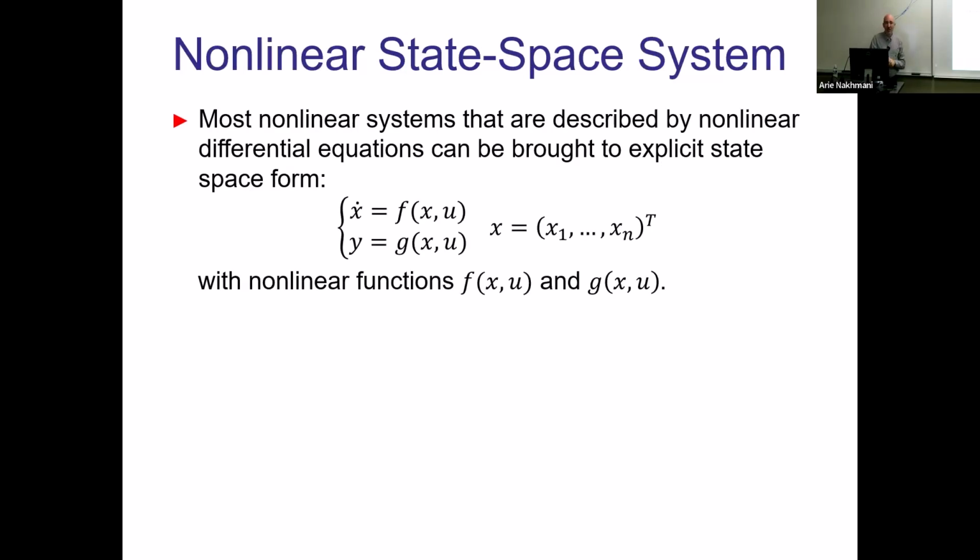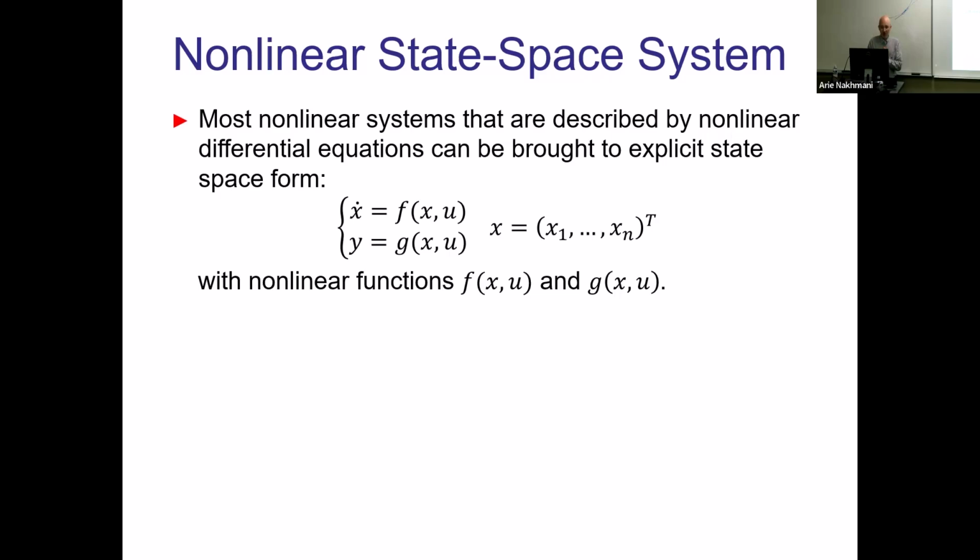So most nonlinear systems could be written in state space form like that. And pay attention that this function might be any nonlinear function you want, and this function might be any nonlinear function you want, which is working on state x and input u. Each one of them might be vectors, obviously. Okay, so x is vector and u might be vector if you have multiple inputs. So this could be any function of x and u.